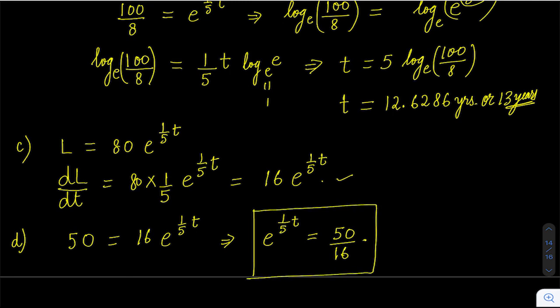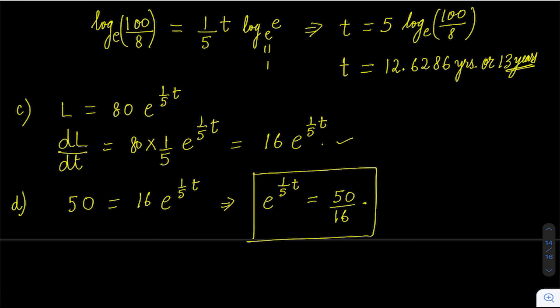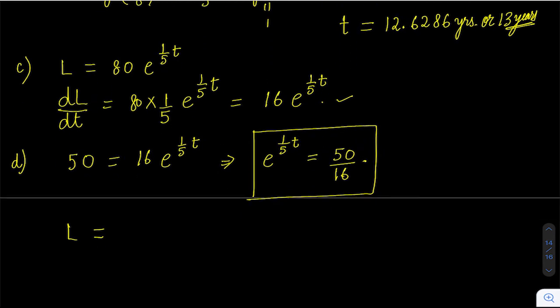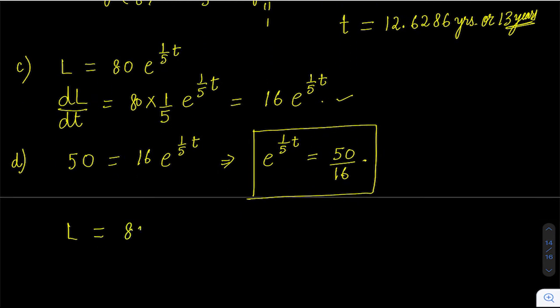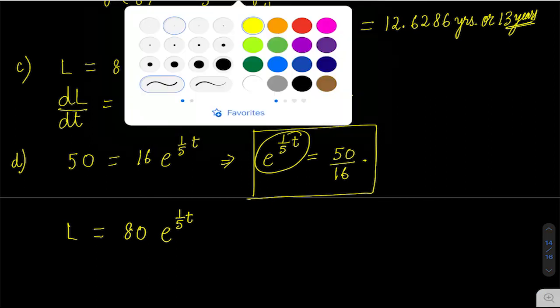Now the question is we need to find L. So what is my L value? L, the population of lions, is nothing but 80 times e to the power 1 by 5 t. So I can directly substitute e to the power 1 by 5 t as 50 over 16, because that is when dL by dt is 50.